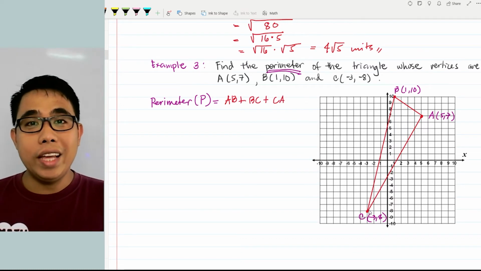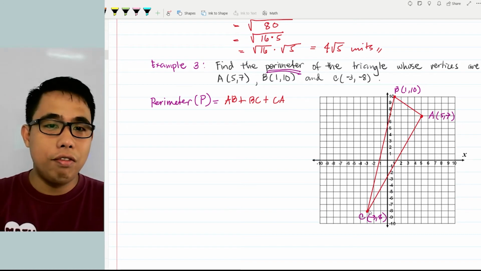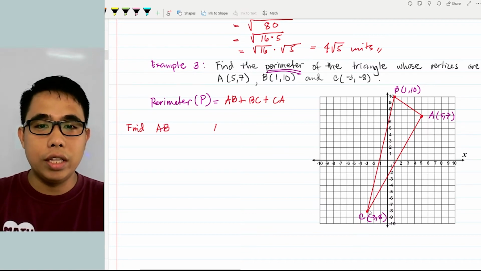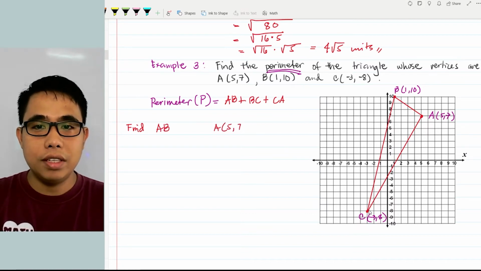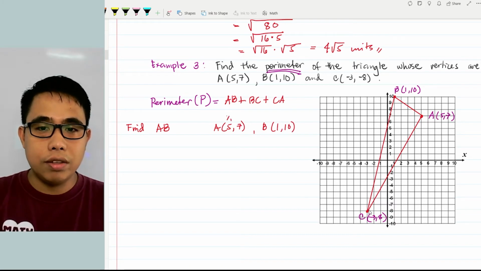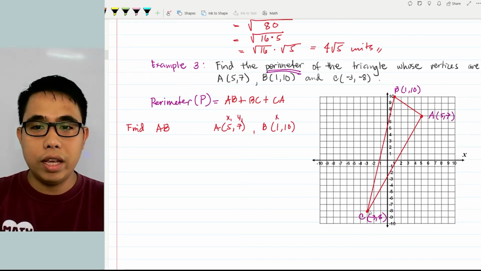So we apply again our distance formula. So let's find first AB. Take note, the coordinates of A are 5, 7, and the coordinates of B are 1, 10. So we consider these as your x sub 1, y sub 1, x sub 2, y sub 2.